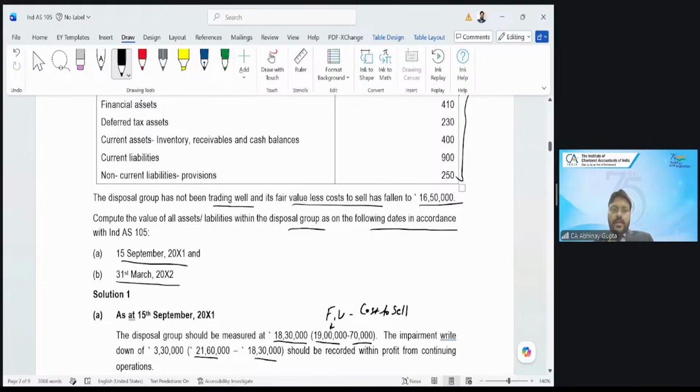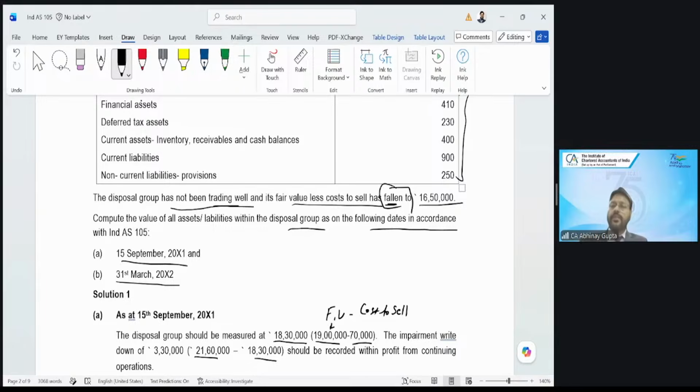So here it is. The disposal group has not been trading well, and the fair value less cost to sell has reduced or fallen to 1650, right? So 1650 is the final fair value less cost to sell. There is no separate piece of information about the fair value and the cost to sell. So the question has clarified that this is the fair value less cost to sell only.